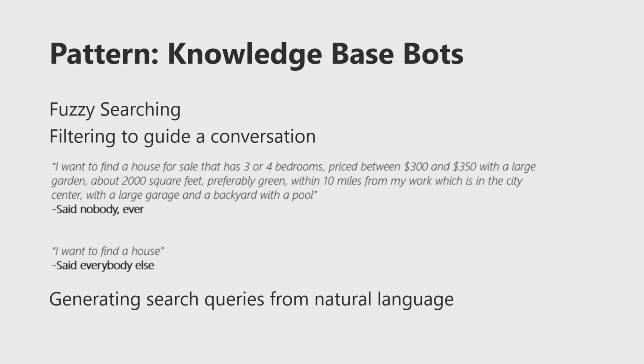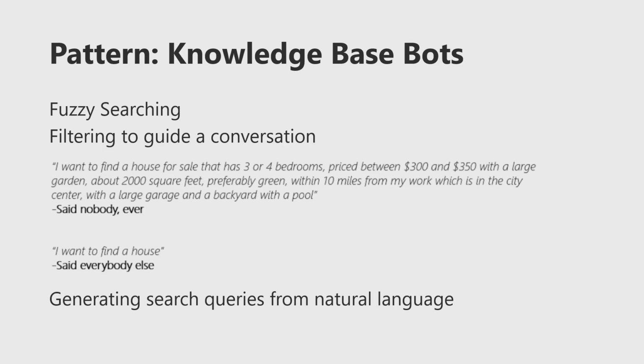They start by saying, I want to find a house. Then the bot or the application may respond, what kind of house, or what is your budget, or in which zone do you want to live, and so on. So we can guide the user step by step in order to filter the results or improve this conversation.